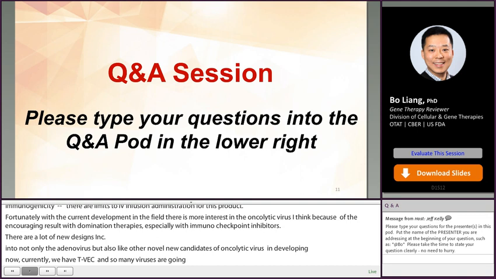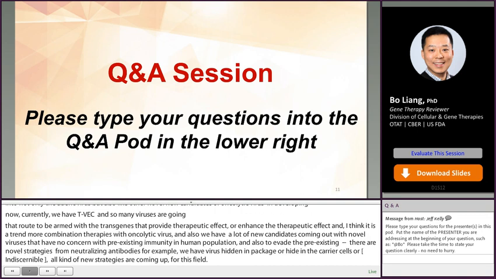There are also novel strategies to hide the virus from the neutralizing antibodies. For example, we have viruses that are packaged or hidden in carrier cells or lipid nanoparticles. So all kinds of new strategies are coming up in this field. I think it looks very interesting and is getting much more attention than the field had a few years ago.